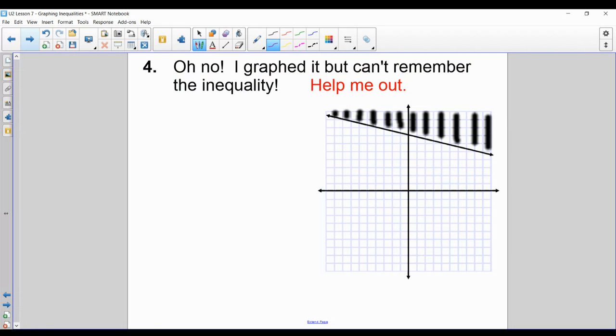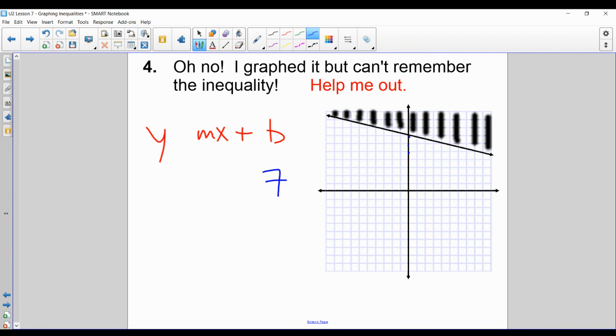So look at this. What if I have one that's done and I want to go kind of backwards and write the equation of the inequality? So I'm going to do it just like we did with lines. I have my y. I'm going to have the mx plus b. Okay, so as I look at this, my b value is 1, 2, 3, 4, 5, 6, 7.